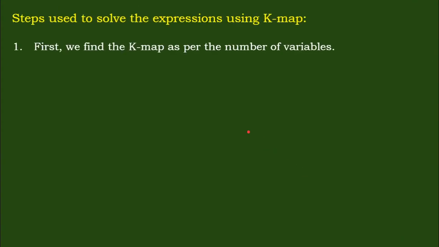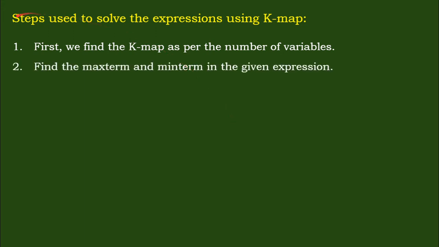Before that, we'll see what are the steps to solve the expression using the K-map. The first step is to find the K-map as per the number of variables. First of all, we have to find out how many variables are there in the equation. Accordingly, we have to design the map. It may be a 2 variable map, 3 variable map, 4 variable map, or a 5 variable map. Next, find the max term and the min term in the given expression.